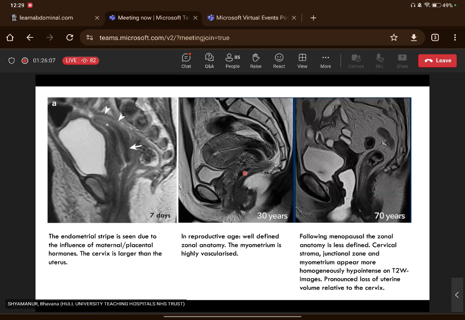So in the reproductive age is when you really get the well-defined zonal anatomy, the central endometrium. This person has a coil, that's why you've got a dark line in the middle that's not normally there. Then you have a junctional zone and outer myometrium, and then you more or less lose that definition following menopause. Everything looks a lot more uniformly homogeneous.